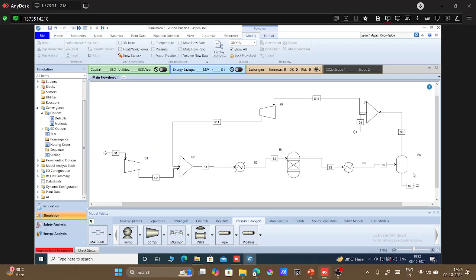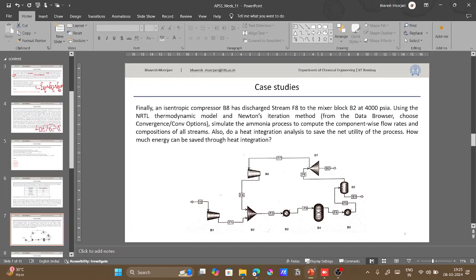So this is how our process flow diagram looks. It's the same as what has been provided in the problem statement. Now let's rewrite the stream names just to match the convention.